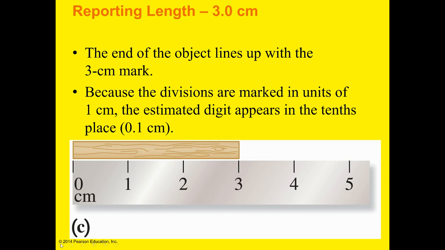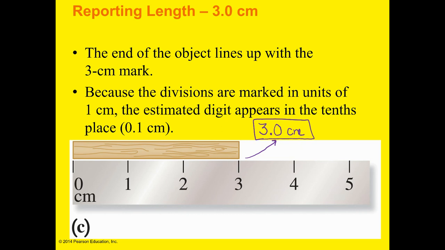Then if it's exactly on the 3, you have to be careful because most students will just write 3 centimeters. But remember, if it's marked in the ones, we can take our guess one digit over. So the correct reading is 3.0 centimeters. And it is important to take that guess, even if our guess is 0.